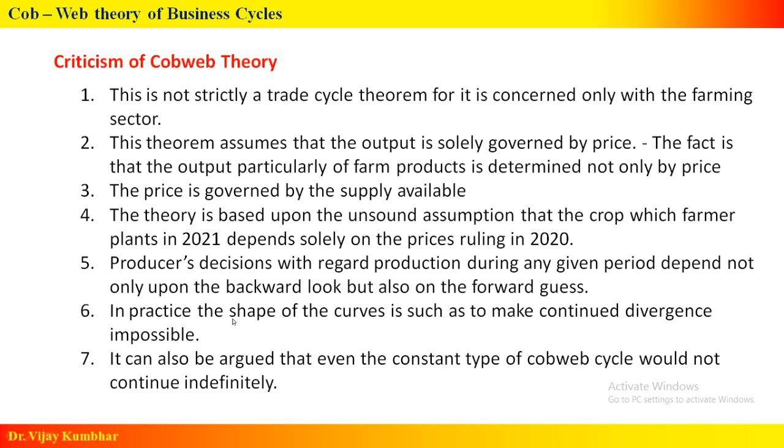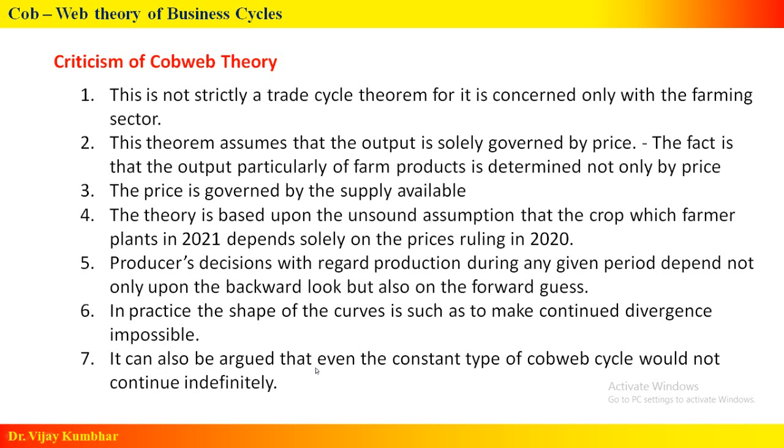In practice, the shape of the curve is such as to make continuous divergence impossible. It means the continued cobweb is not possible in the business sector due to the various changing parameters in the economy.